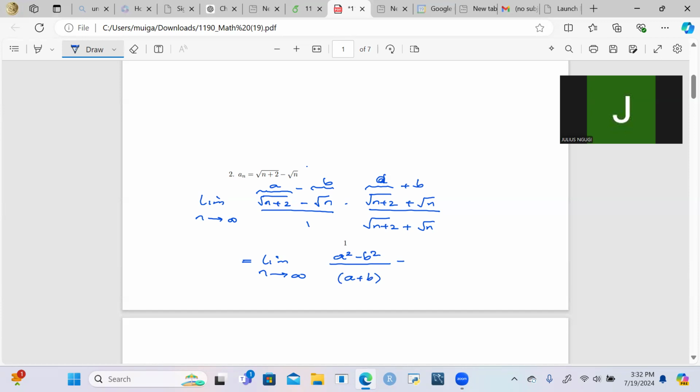So we can expand a squared. We have the limit as n approaches infinity of the root of n plus 2, which is my a, squared, minus the root of n squared. Then we divide by the root of n plus 2 plus root of n.